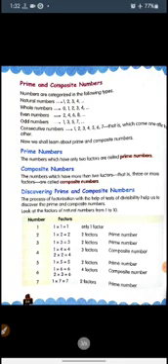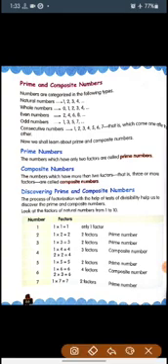Next, let us see what is a prime number and what is a composite number. For this we should know what are natural numbers, whole numbers, even numbers, odd numbers, and consecutive numbers. Some of you must be knowing, and for those who don't know, let's revise it.